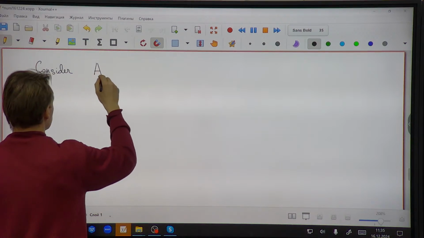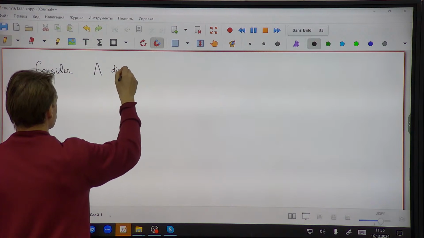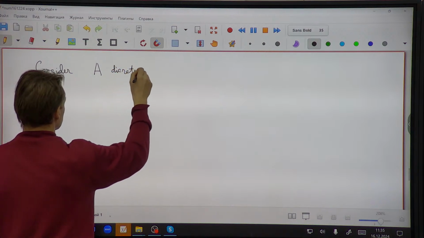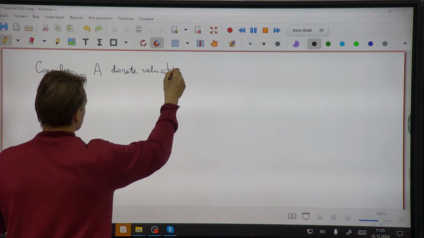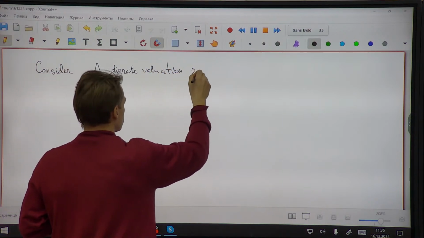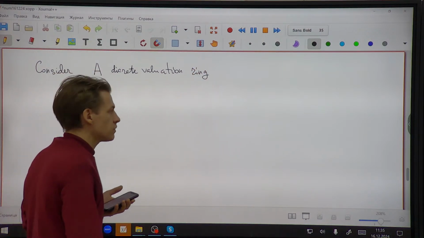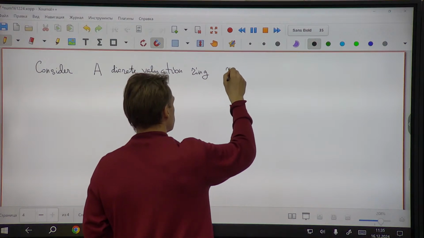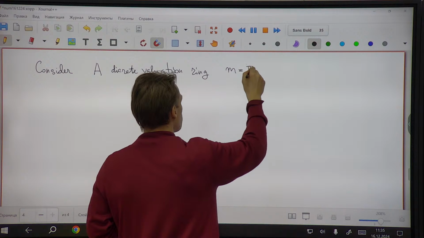So consider A, a discrete valuation ring, and the maximal ideal will be generated by pi.